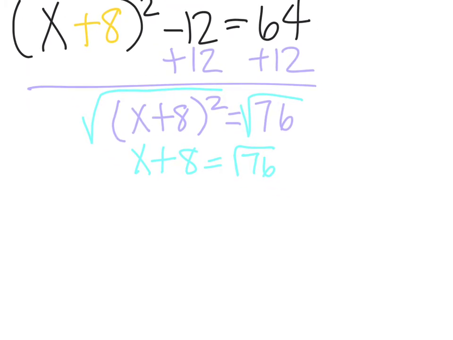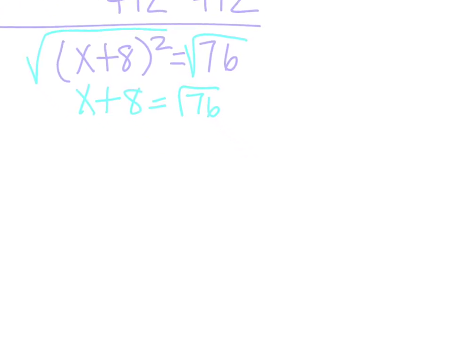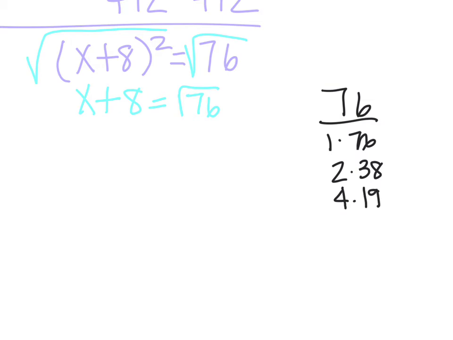My square root of 76 can be simplified. If you think about the number 76, it is 1 times 76. It is also 2 times 38. And lastly, it is 4 times 19. If I look for perfect squares here, 4 is a perfect square and 1 is a perfect square. Of those two numbers, 4 and 19 is the biggest.